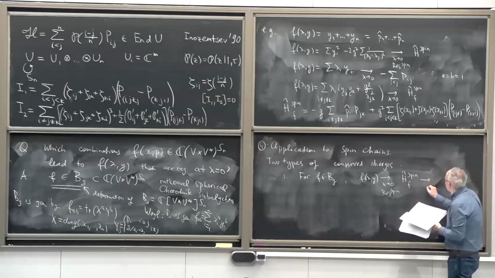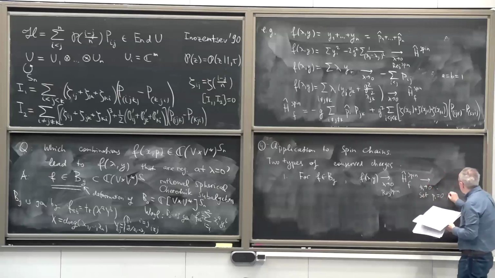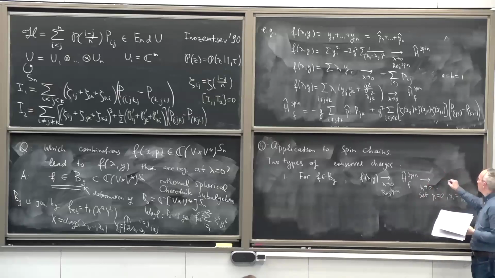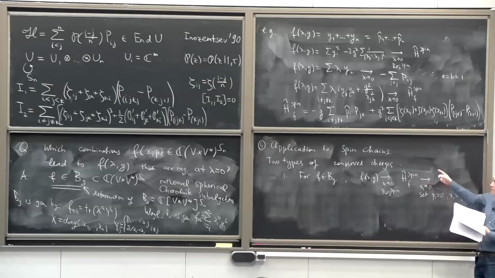Then you take the classical limit, h bar goes to 0, and set p_i equal to 0 and x_i equal to i over n. So that's the equilibrium position, and this is I_f. Okay, so that's indeed an illustration.